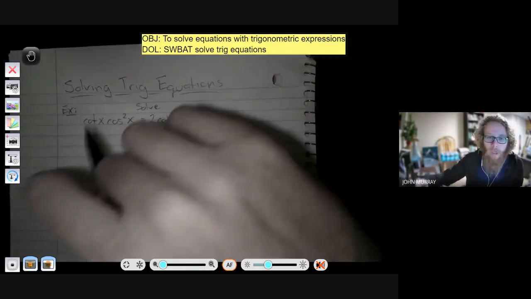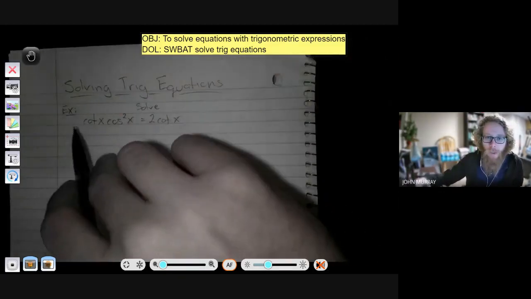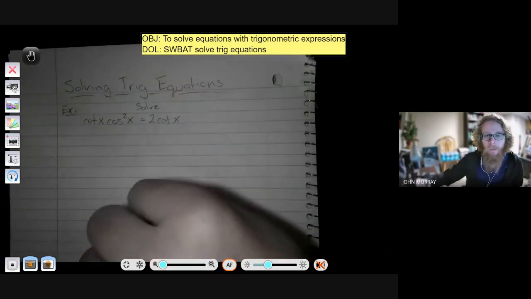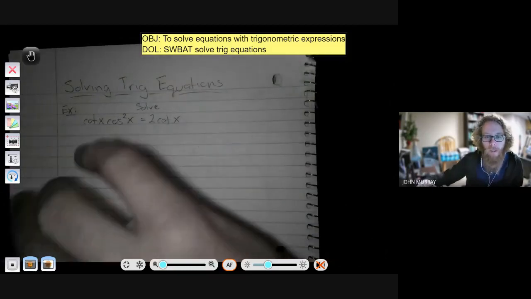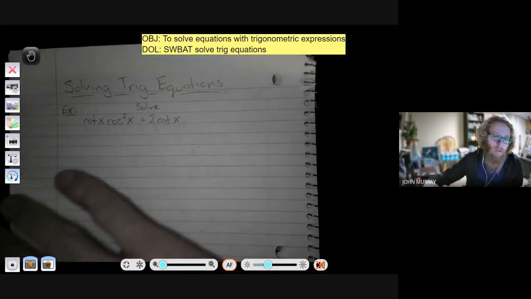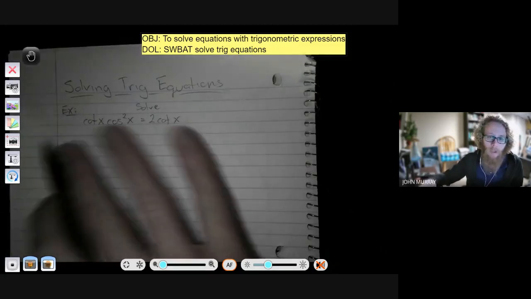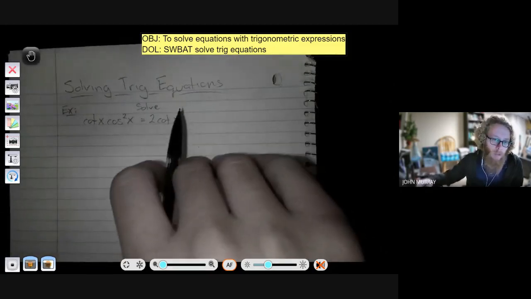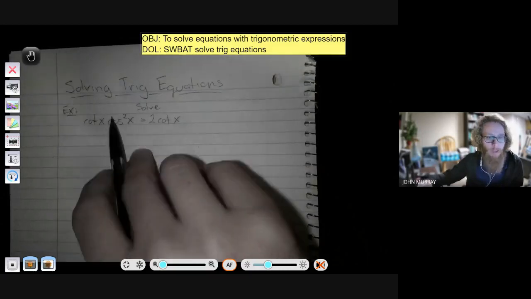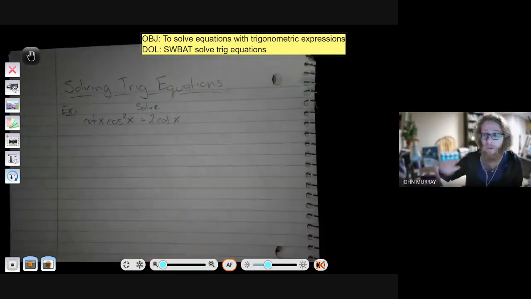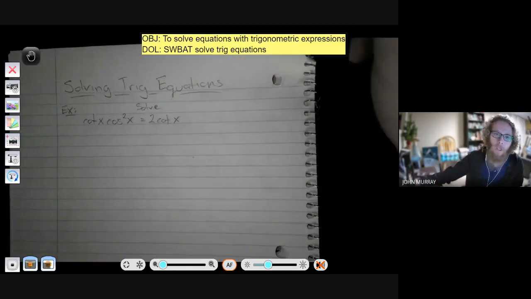So here we have a few things going on because we have 2 trig functions, cotangent and cosine. So again, we're trying to eliminate things, and now we can work on both sides of the equation. When we were doing verify, I only worked on one side and made it look like the other, right? But now I can work on both sides.